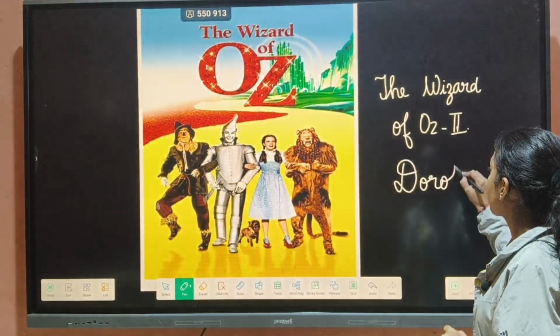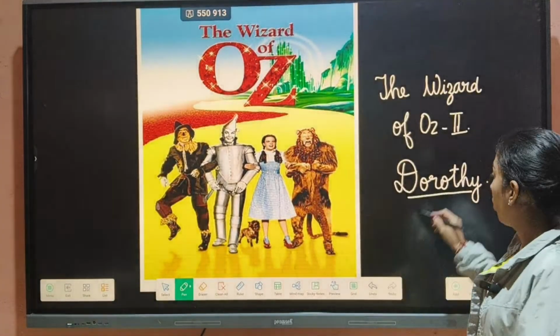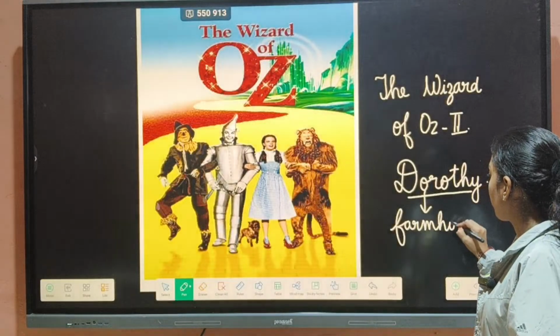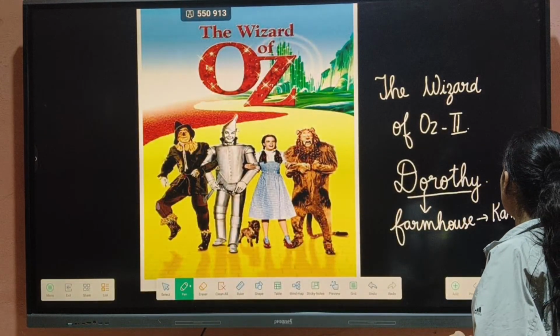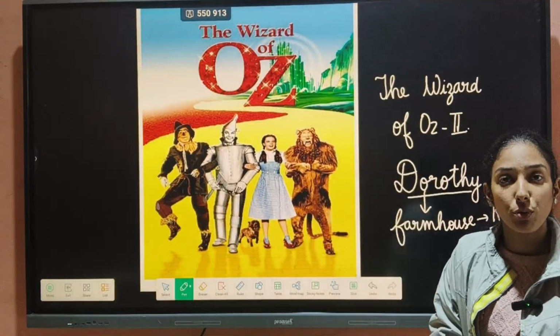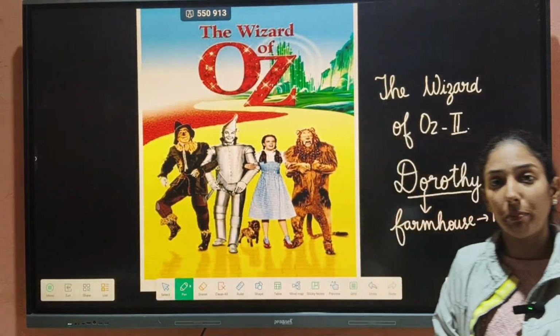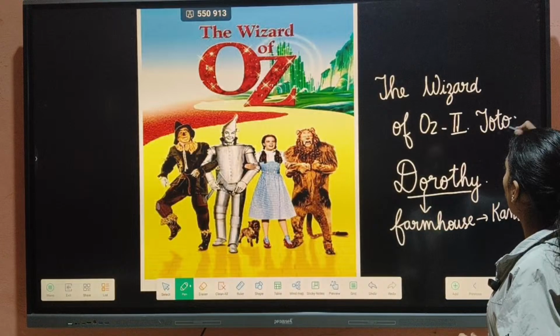Main character is Dorothy, a girl who lives in a farmhouse in Kansas. Kansas is name of the place where Dorothy lives with her uncle, her aunt, and her pet dog. Name of the pet dog was Toto.